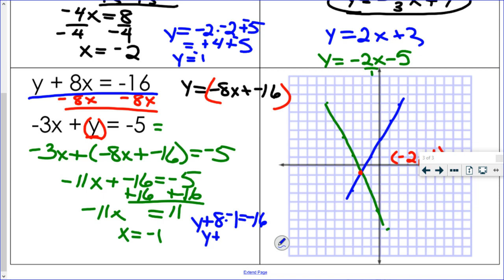So y plus a negative 8 equals negative 16. So when I add 8, I get negative 8 for y. So my answer would actually be negative 1, negative 8. But again, graphing and substitution are two very similar types.